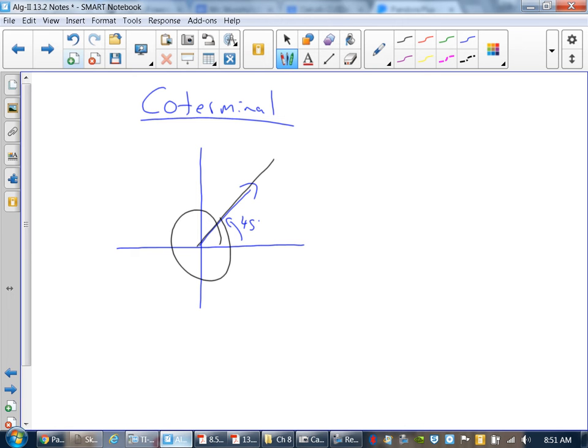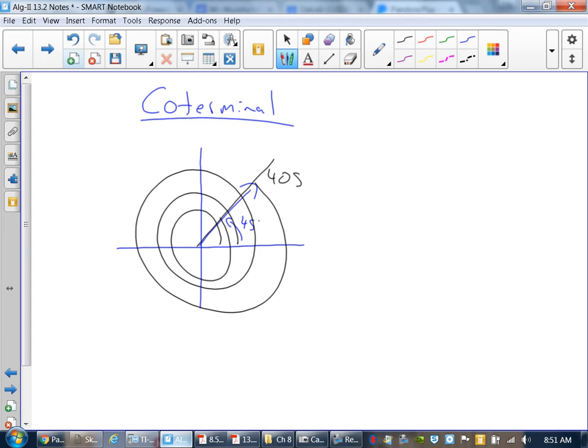That makes sense? So the first coterminal, what do I add to wind up at 45 again? 360. So what's 360 plus 45? It'd be 405. If I do that again, I'm adding another 360, so I could be at 765. For some reason I was thinking 365 because of the days in the year. So each time you spin around, you wind up on the same spot.